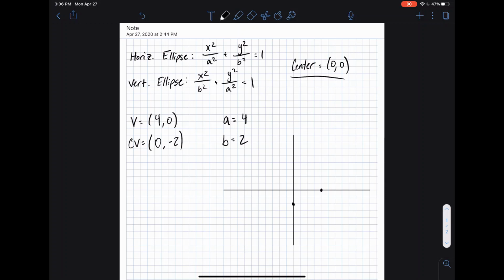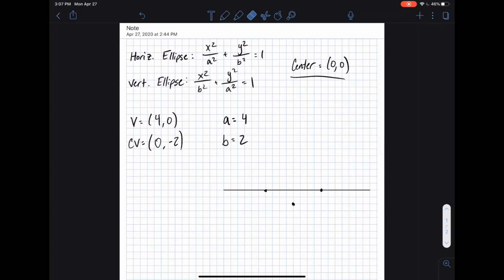That means the vertex lies on the x-axis, and the vertex is always on the major axis. So if the major axis is on the x-axis, we know that this is a horizontal ellipse. The other vertex is the same distance from the center, so it'd be at -4, 0.